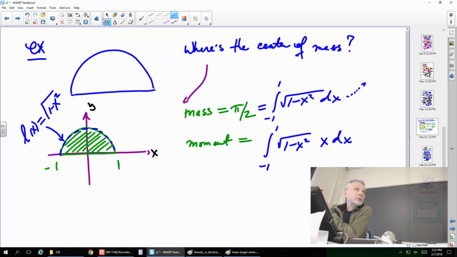How did we find the first integral? Substitution, trig substitution. Okay, so it might be tempting to apply the same technique for the second. But there is an easy way. How do we compute this one?